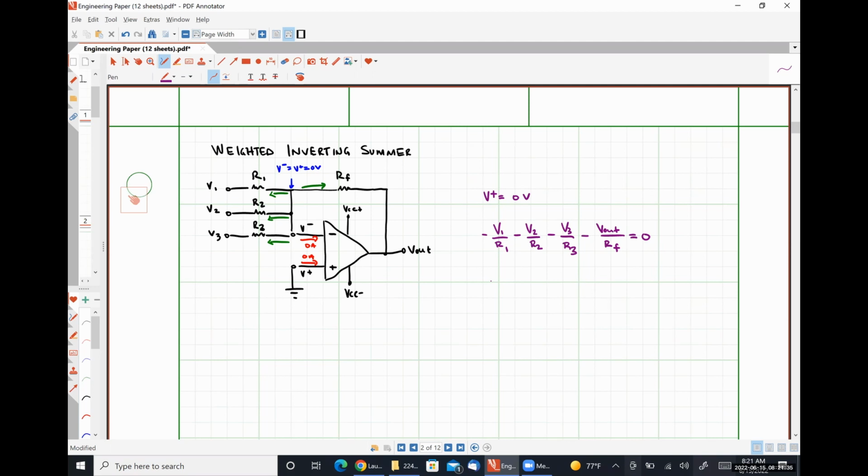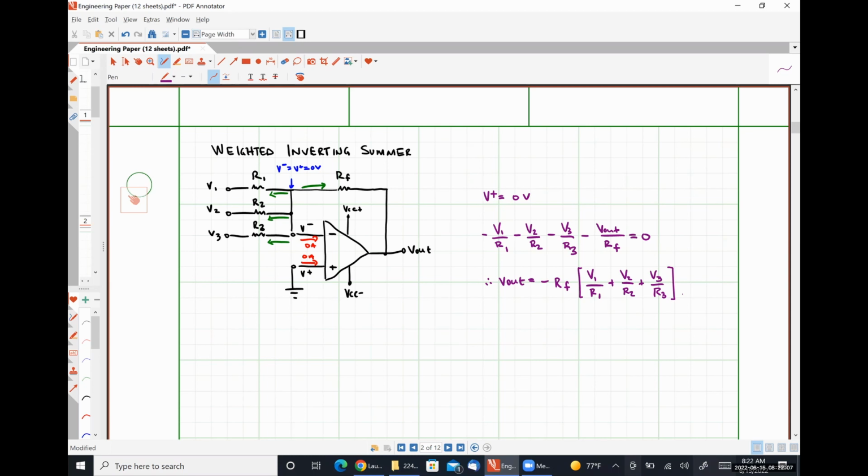And with a minimal amount of algebra, I can then see that V out is negative RF times V1 over R1 plus V2 over R2 plus V3 over R3. So this is a weighted inverting summer.